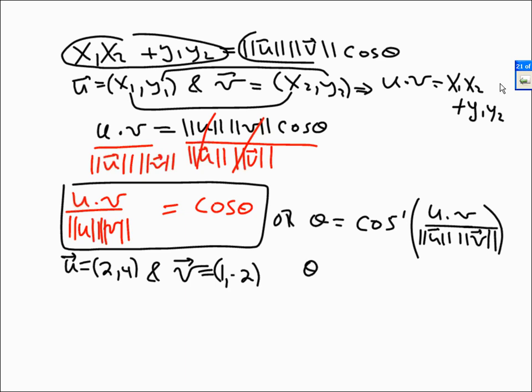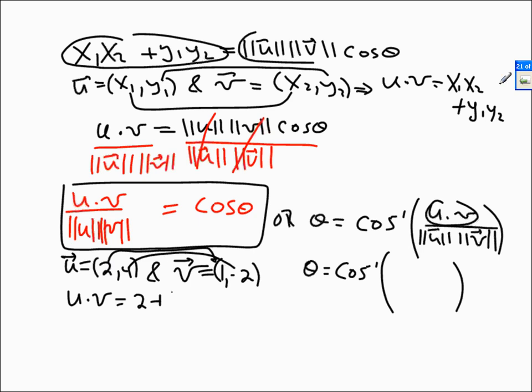So the angle in between is the cosine inverse of, first, we'll find u dot v. Multiply the first components, you get 2, plus, then multiply the second components, you get negative 8. That result is negative 6. Okay, the top is negative 6.